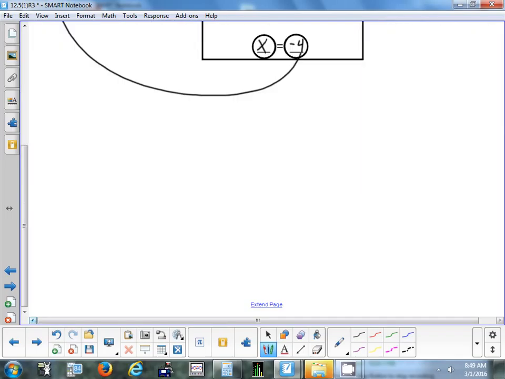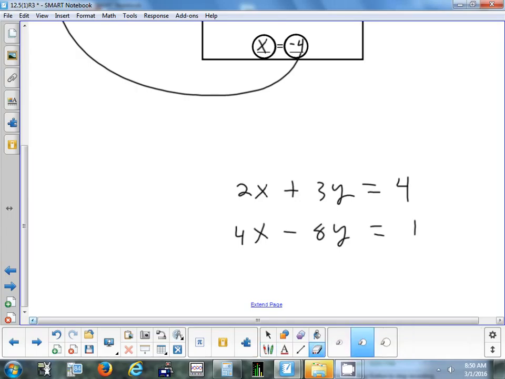Okay, and sometimes you guys might have a problem where you have a choice. Okay, I just want you to look at this. We're not going to solve this one, but let's say you had something like this: 2x plus 3y equals 4, and 4x minus 8y equals 1. Actually, you know what? Let's make it 9y. Okay. Here's a problem where you could choose to get rid of the x's or the y's. Okay?